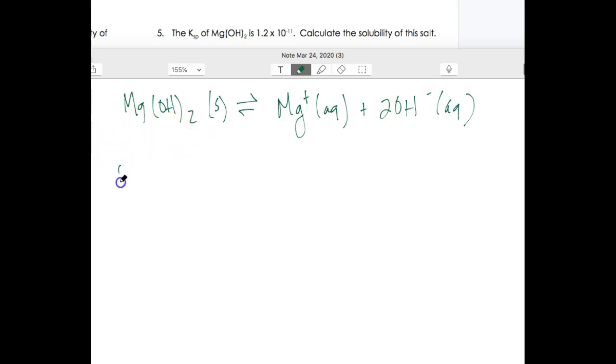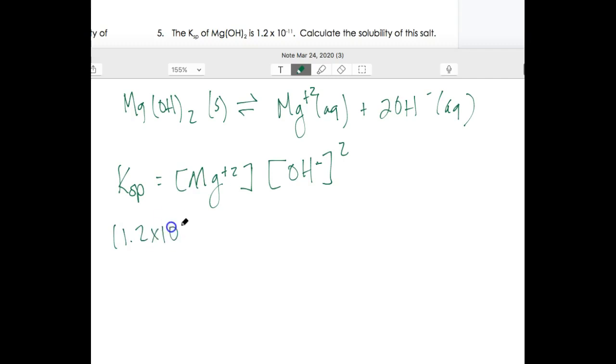So we're going to write our expression. Right, and let's do the second power here. We know what KSP is. It's 1.2 times 10 to the -11, right? We don't know what Mg is, and there's only a 1 here, so I'm going to put x.